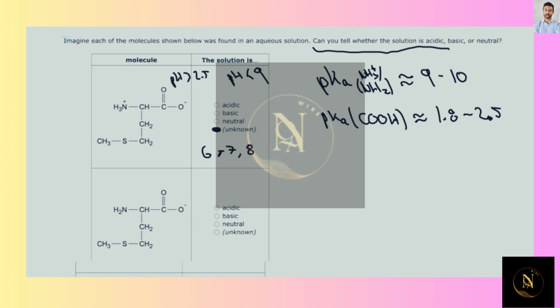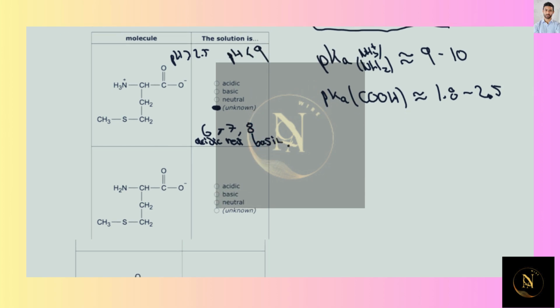All of these are possible pHs, and as you can see, this one is acidic, this is neutral, and this is basic. In all of those pHs, the molecule is going to have the same form. So in this case, it is going to be unknown.